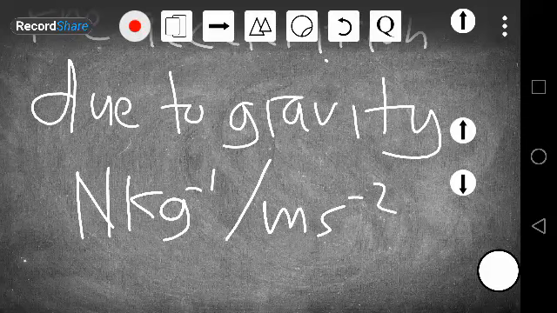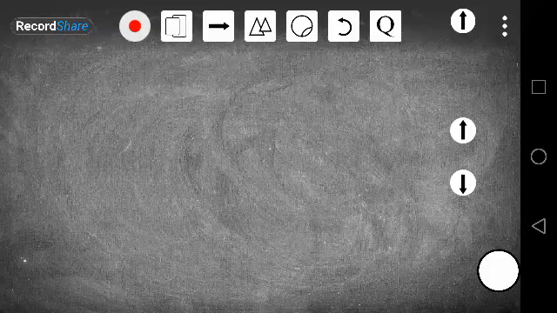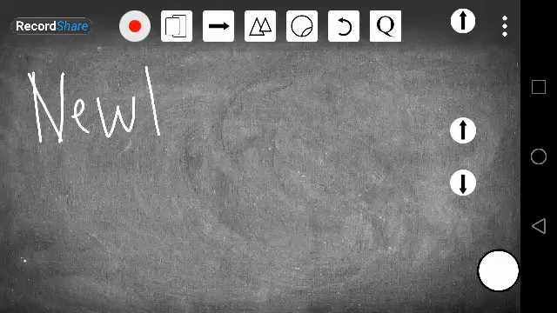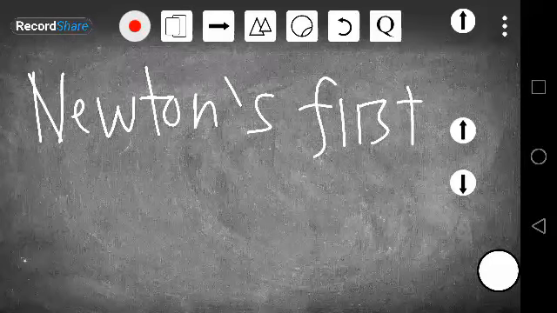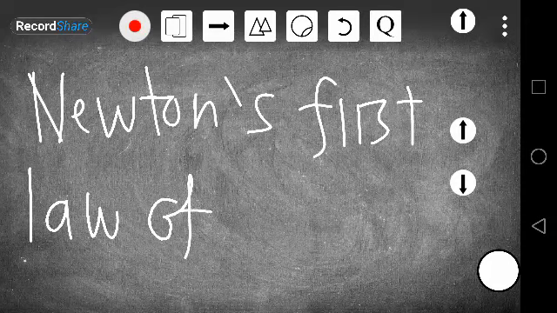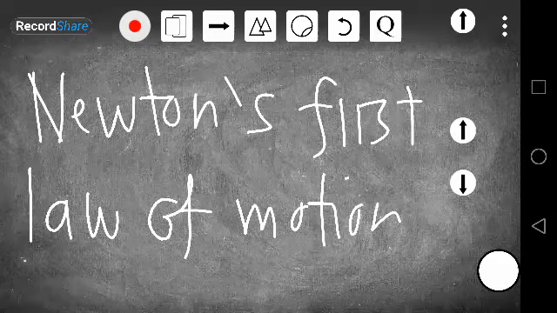From there, we now want to move to Newton's first law of motion. Now, Isaac Newton had about 3 laws of motion, and we want to discuss the first law of motion.